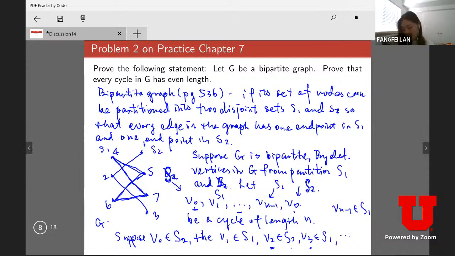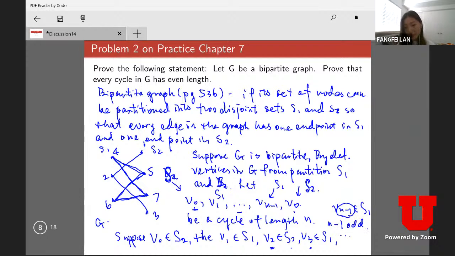So what does that tell you about n minus 1? Is it an even or an odd number? Odd. Yes, exactly. It has to be odd, because only the odd indices can be in S1. So n minus 1 has to be odd.